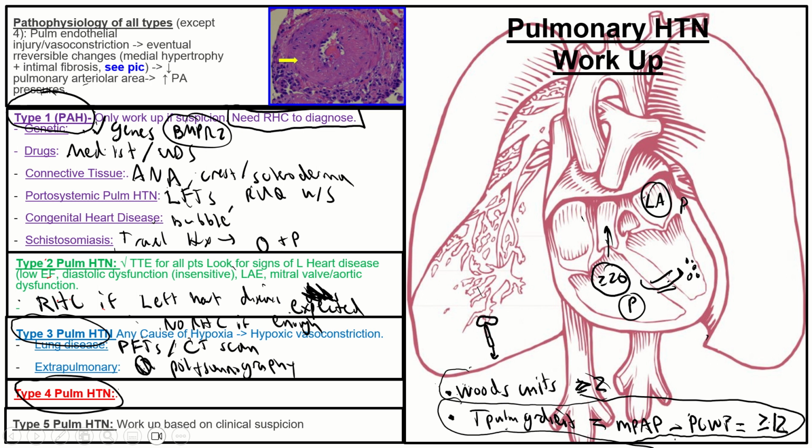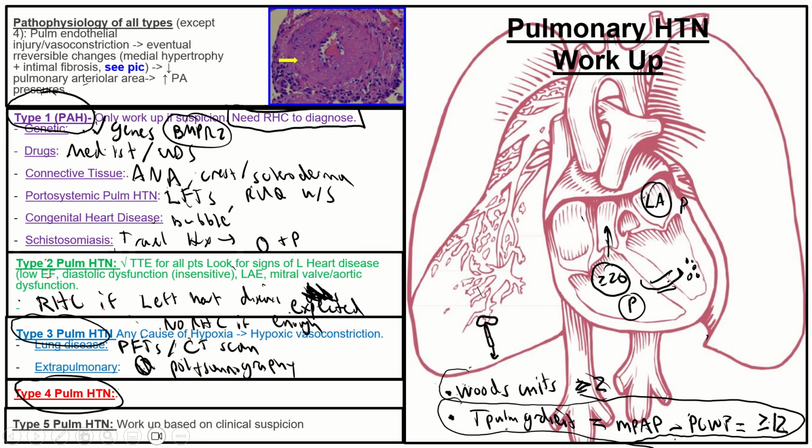All right, so just remember, if your pulmonary hypertension you think is not totally accounted for by type 2, type 3, or, as we'll get into, type 4, you really want to do a right heart cath to help you diagnose type 1. Any cause of intrapulmonary hypertension, which is type 1, type 3, or type 4, will have increased intrapulmonary pressures.